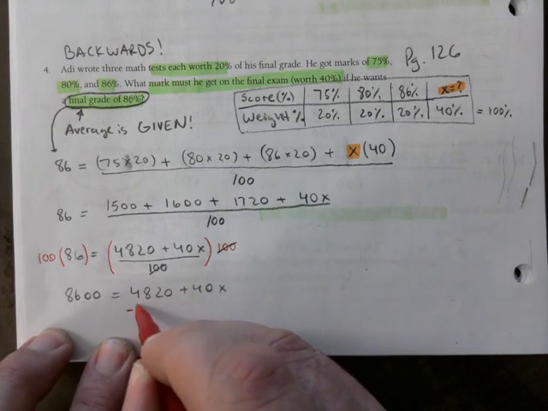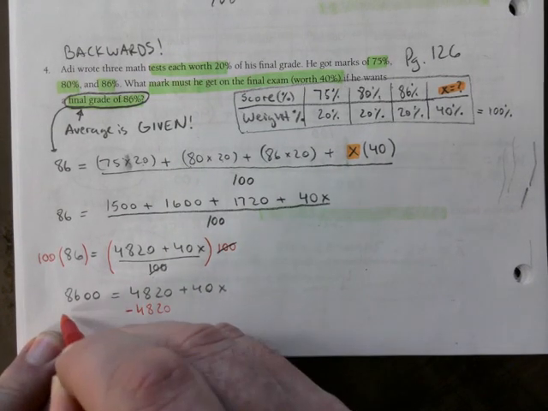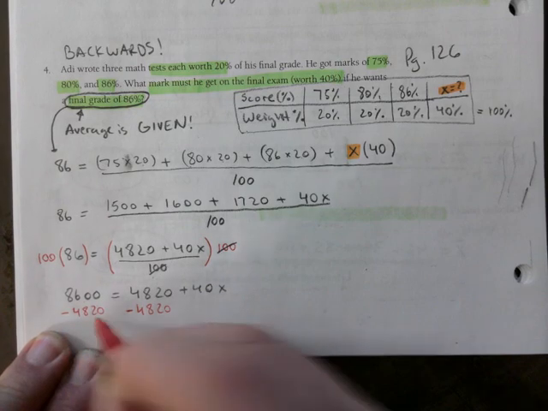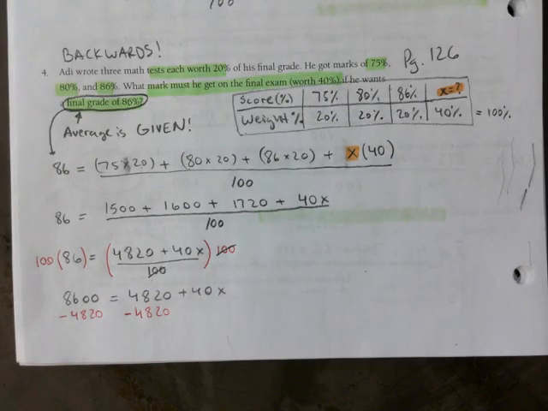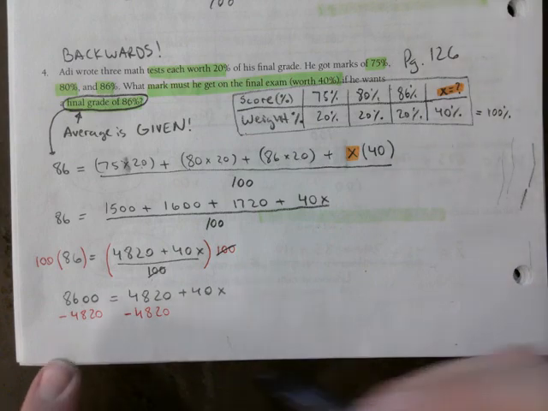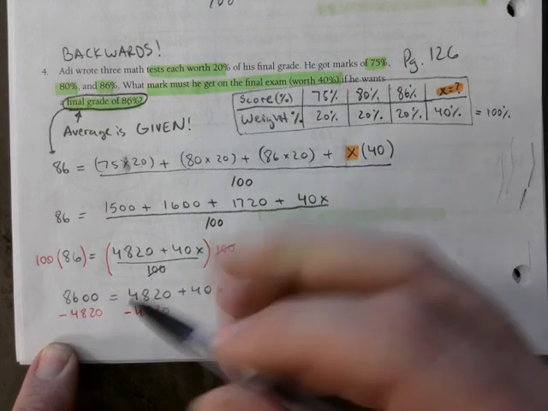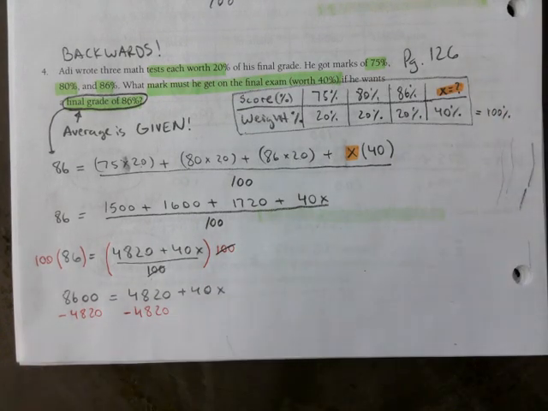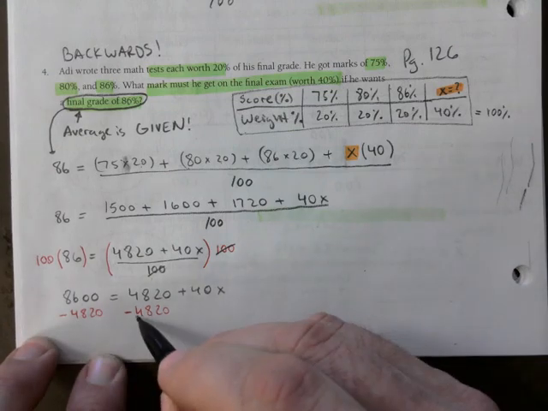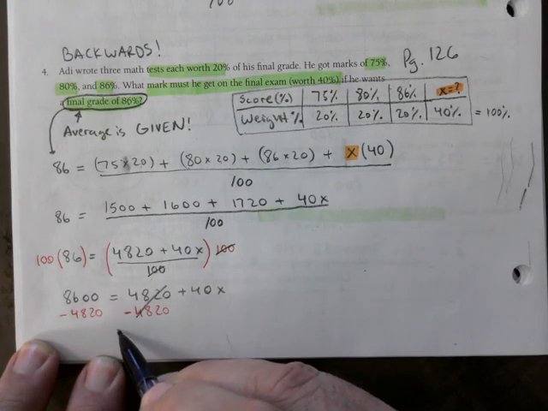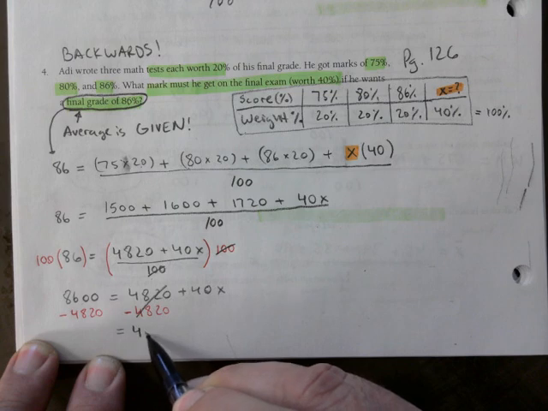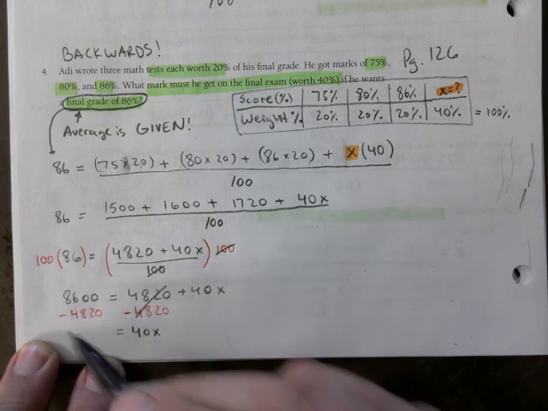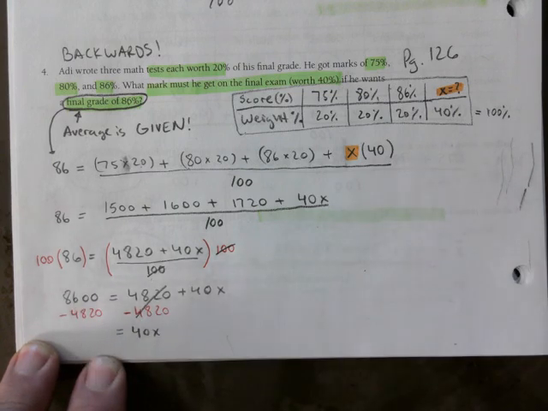So I'm going to go minus 4820 minus 4820. Is he doing the same thing to both sides? Yeah, that's exactly what's happening here. So this is just 0. This is just 0. So you're left with 40x on this side, and here you just subtract, right? Is it? Yeah, 3780, yeah.